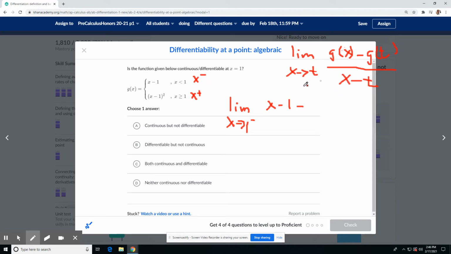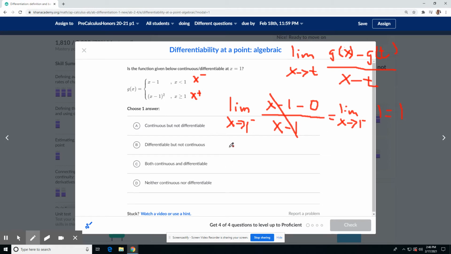When you plug it in, I think we got 0, right? All over x minus 1, since t is 1 in this case. So that reduces, and we get the limit as x goes to 1 from the negative side of 1, which is equal to 1.